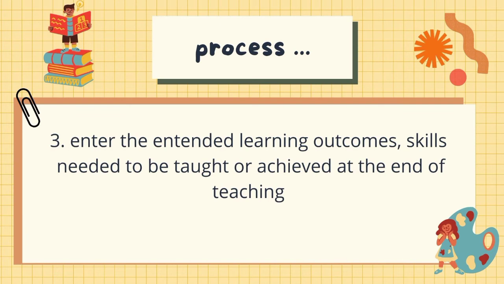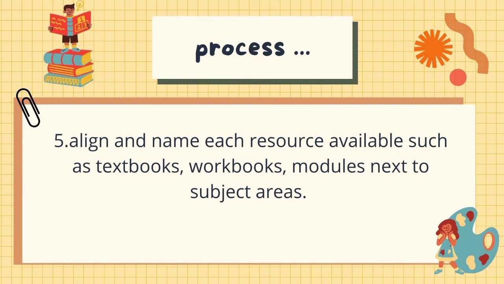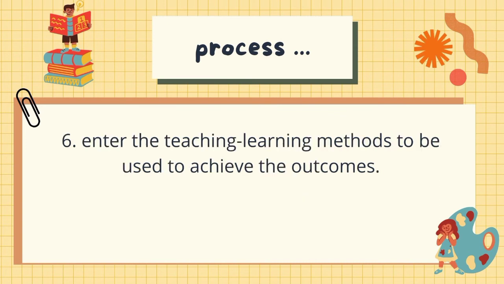Step 3. Enter the intended learning outcomes, skills needed to be taught or achieved at the end of the teaching. Step 4. Enter in the same matrix the content areas or subject areas to be covered. Step 5. Align and name each resource available, such as textbooks, workbooks, and modules, next to subject areas. Step 6.